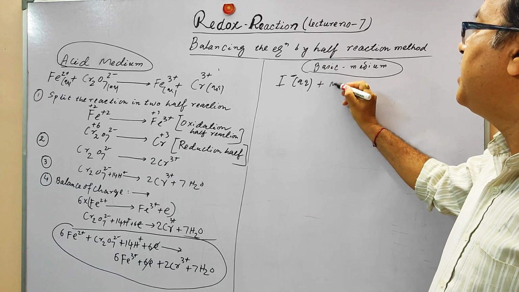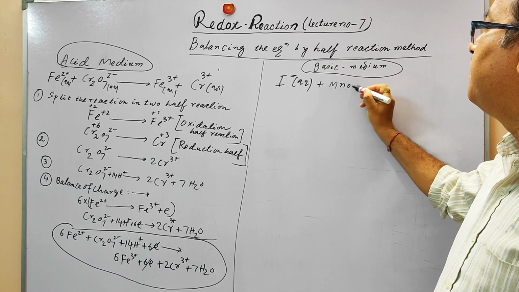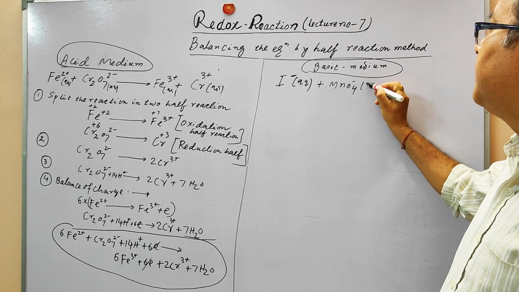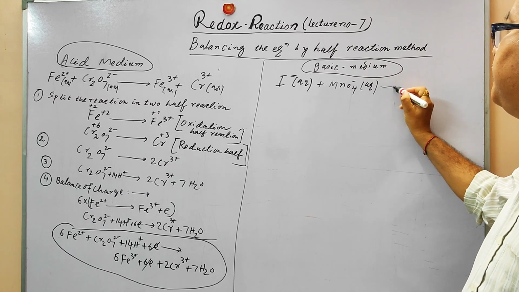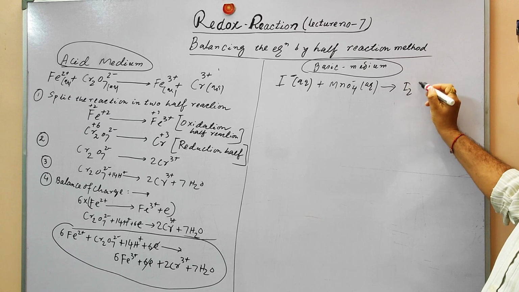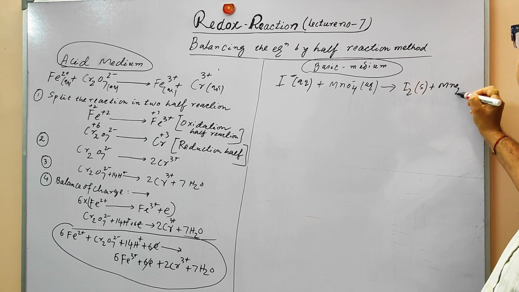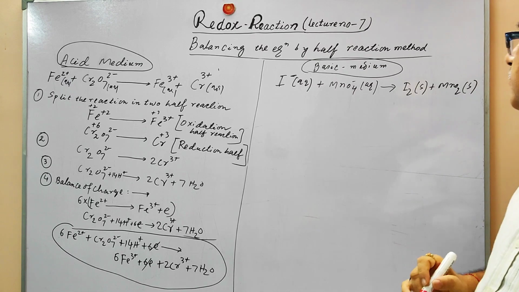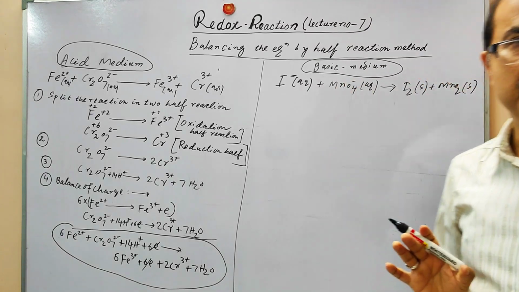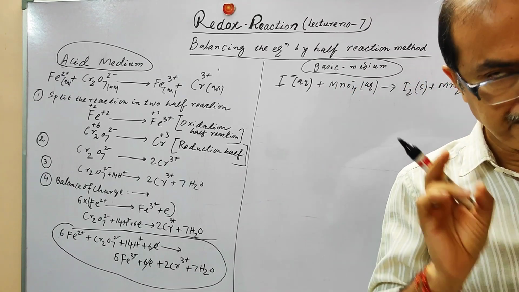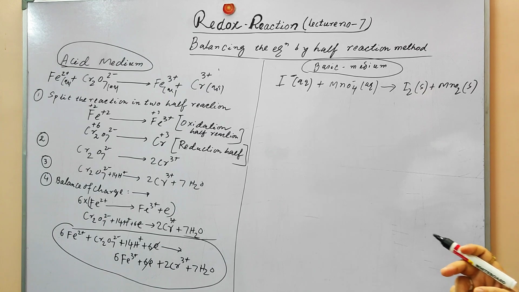This is oxidized by permanganate ion, and it will produce molecular iodine plus manganese dioxide. This is the unbalanced equation, and we have to balance it.